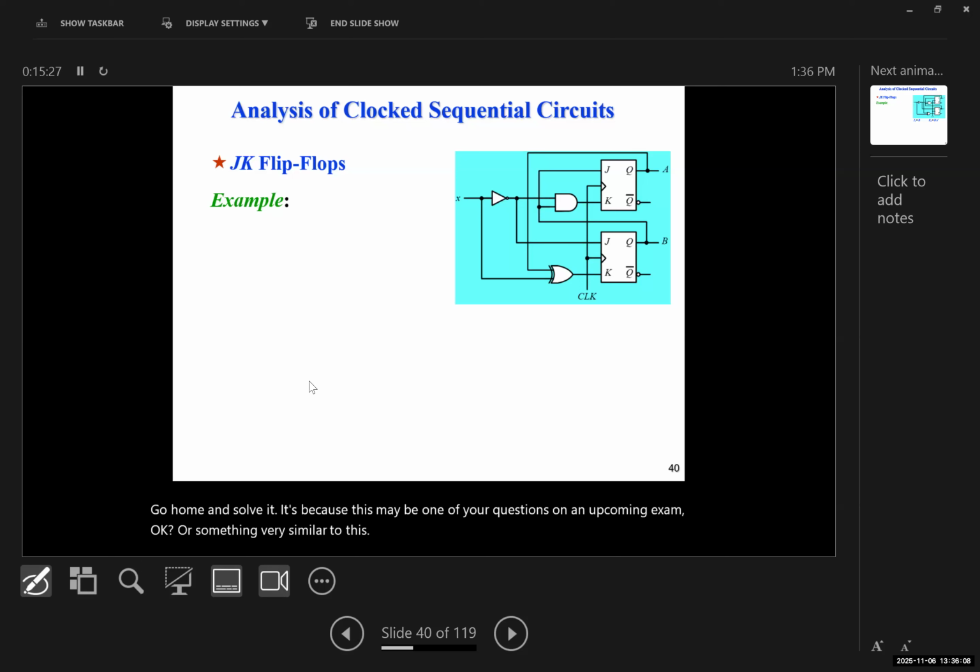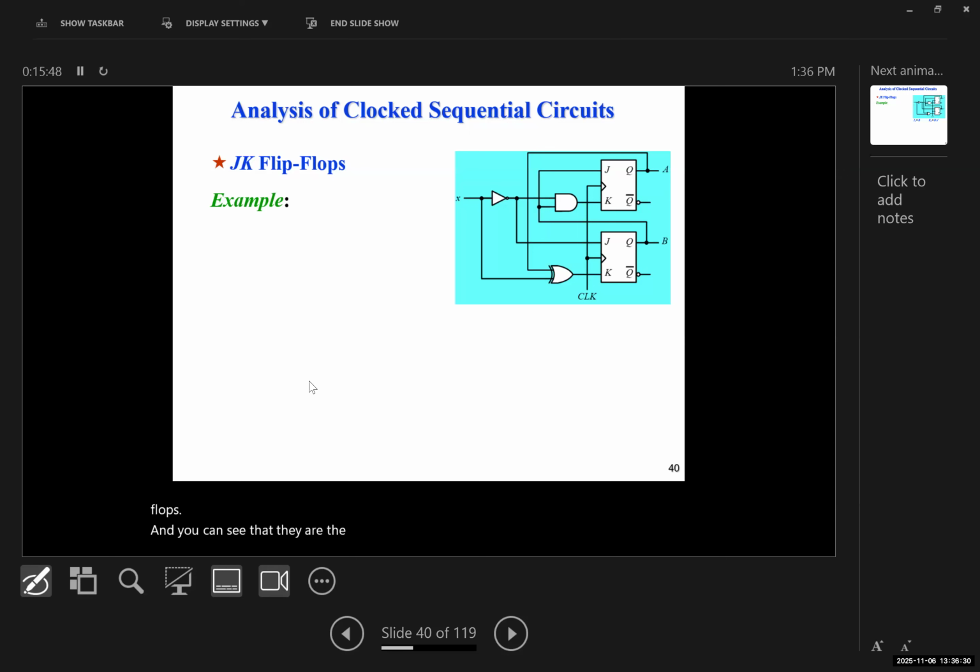Now that we learned about state diagrams, let's start with the analysis of clocked sequential circuits. For this, we have this example, 2 JK flip-flops, and you can see the way they are connected.